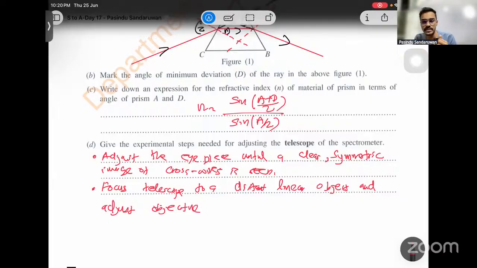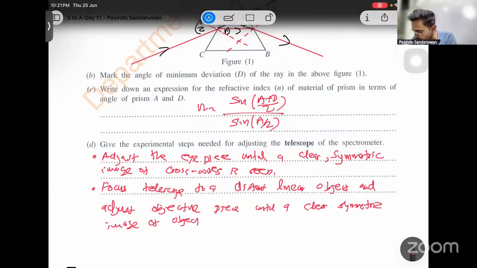No need to adjust the eyepiece again because that is already adjusted from the first step. Now the second one: focus the telescope to a distant linear object and adjust the objective piece until a clear symmetric image of the object is seen on the crosswires.